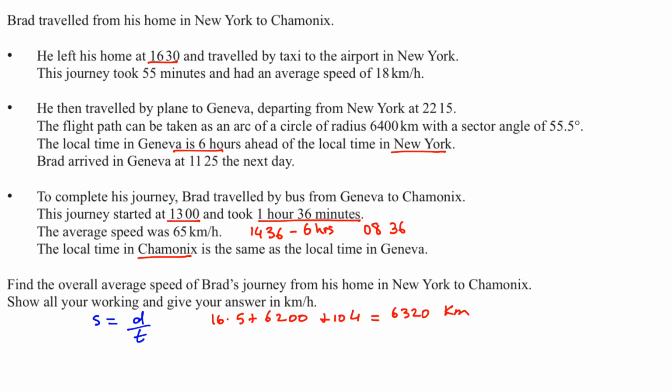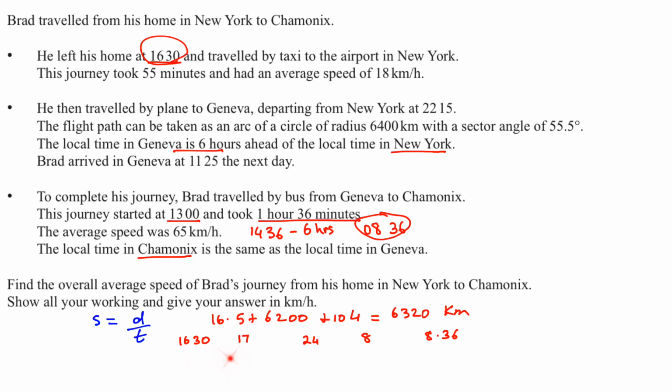Now we need to find the time from here to here. We'll break up the time into different parts. So we will start at 16:30 and then we'll do the next hour, which is going to be 17, and then we will round it up to 24 at midnight, 8 in the morning, and 8:36. So how many minutes and hours are between these parts?